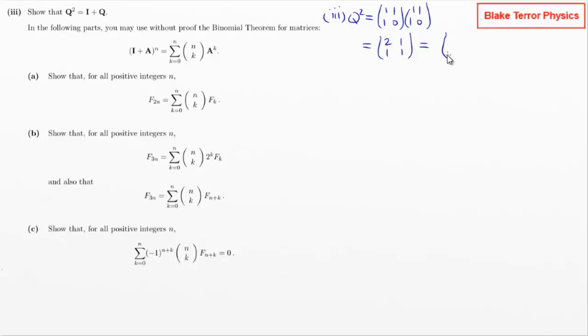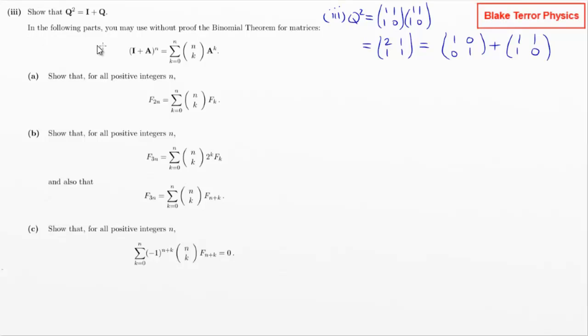Which is equal to, yeah, that is what we want, because it's going to be that plus that. Just make sure that's right. So 2, 1, 1, 1, 2, 1, 1, 1. Okay, good.